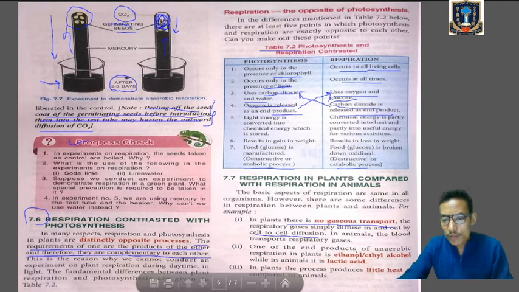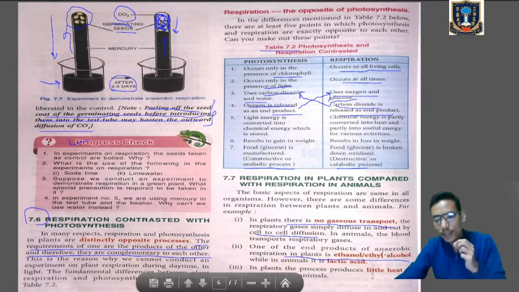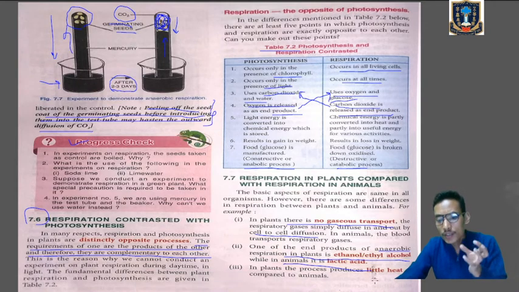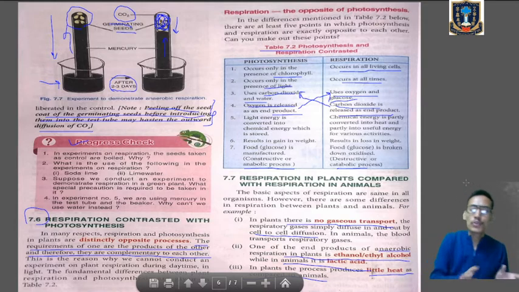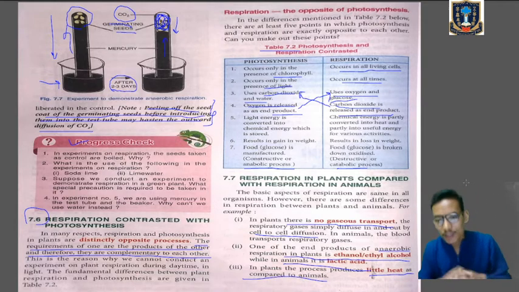One of the end products of anaerobic respiration in plants is ethanol or ethyl alcohol. And in case of animals, the end product of anaerobic respiration is lactic acid. In plants, the process produces little heat as compared to animals. So that is the difference between respiration in plants and animals.